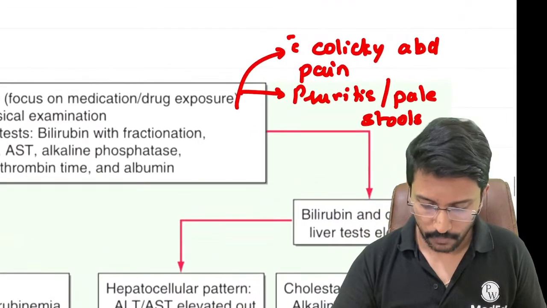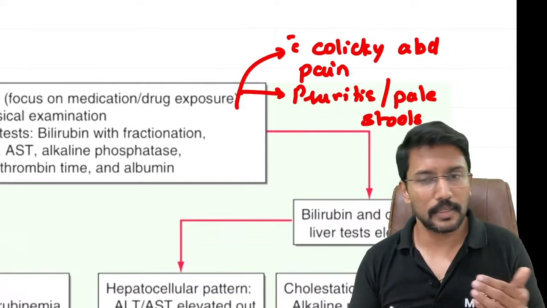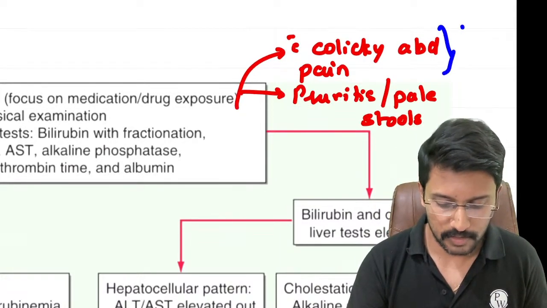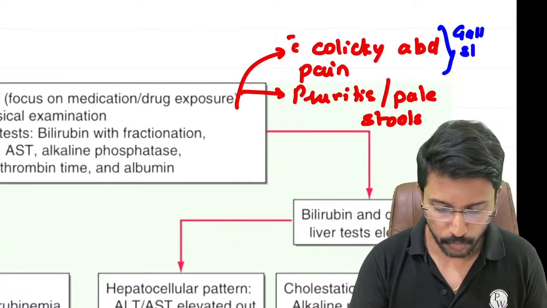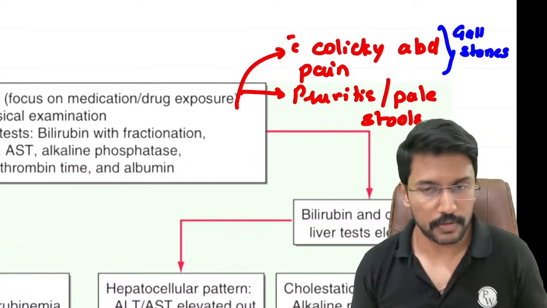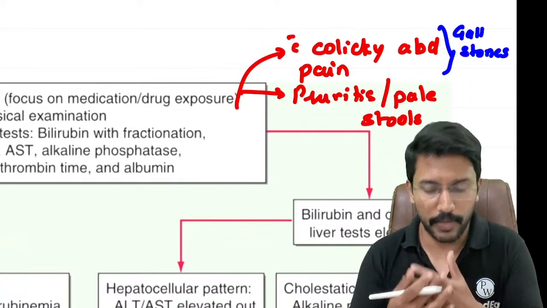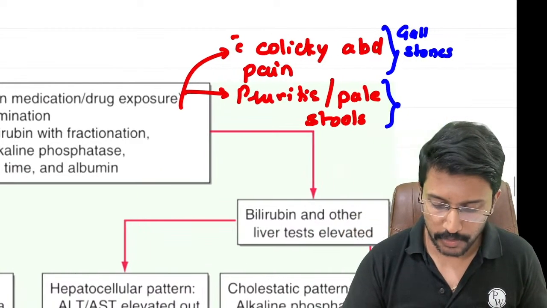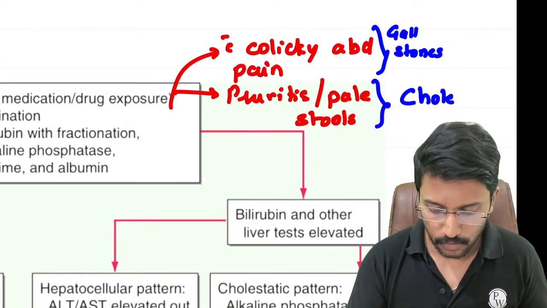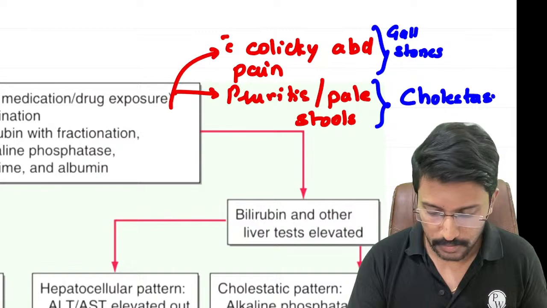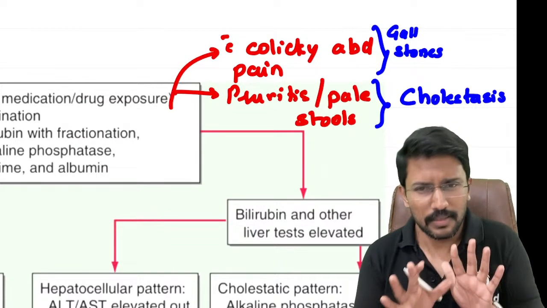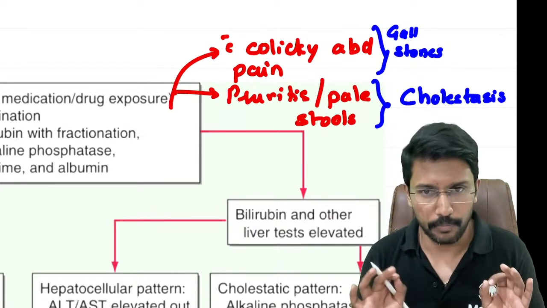If you have a patient with jaundice and colicky abdominal pain, you would probably suspect gallstones, right? If you have a patient with jaundice with itching, pruritus and pale stools, you would probably suspect cholestasis, right? Cholestatic jaundice, or in other words, cholestasis. These are some potential clues, not very important, right?